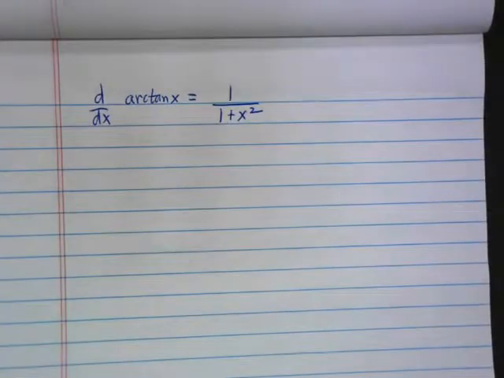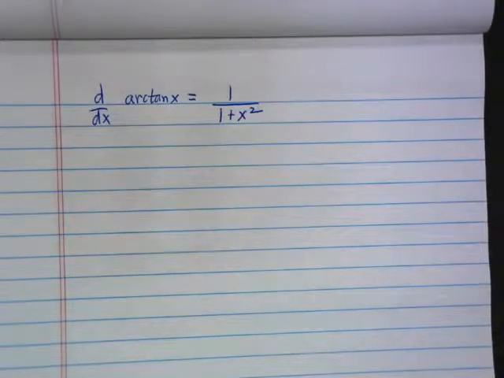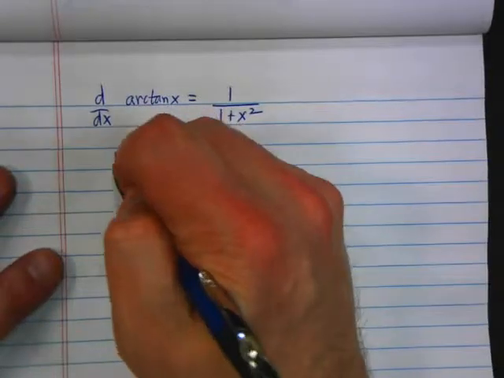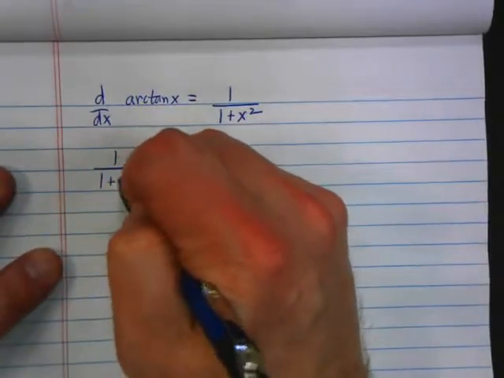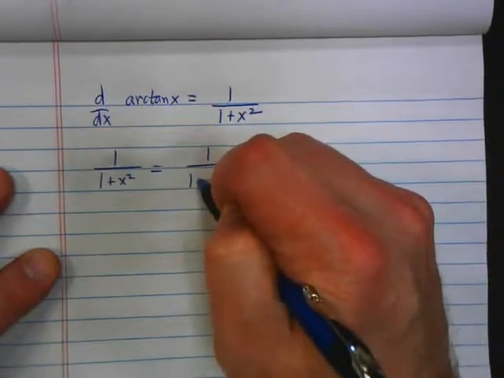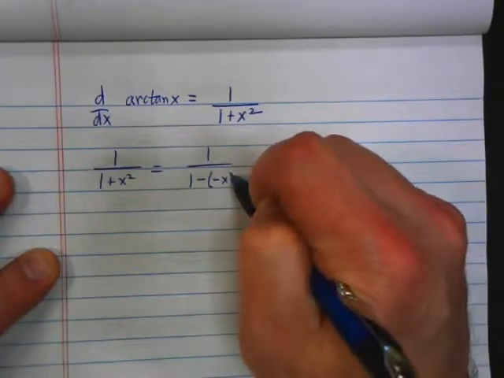The derivative of arctangent of x was 1 over 1 plus x squared. I'm going to take 1 over 1 plus x squared, and I'm going to write it as 1 over 1 minus negative x squared.